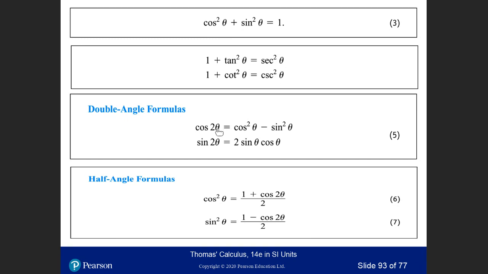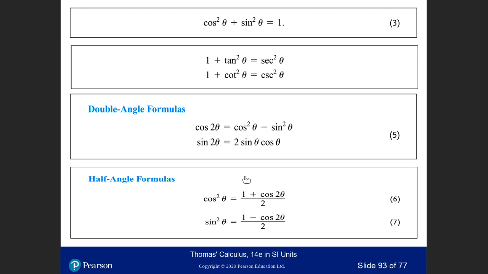Now we have the double angle formulas here. Cosine 2 theta is equal to cosine squared theta minus sine squared theta. Sine 2 theta is 2 sine theta cosine theta. We are going to go over these so that you will know. These are double angle formulas. There are also addition and subtraction of angles formulas.